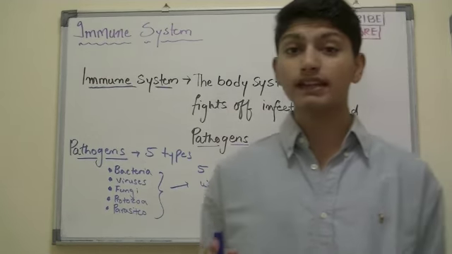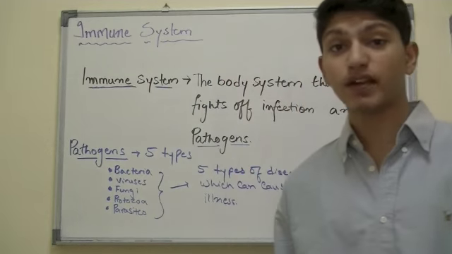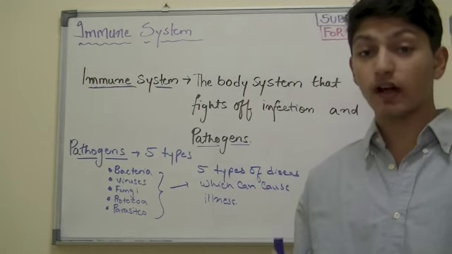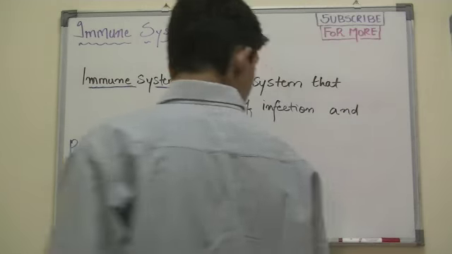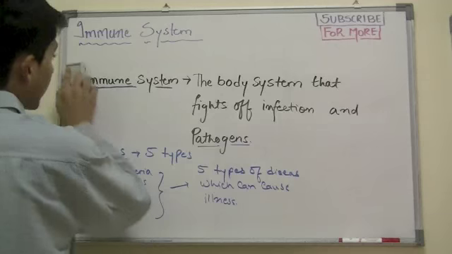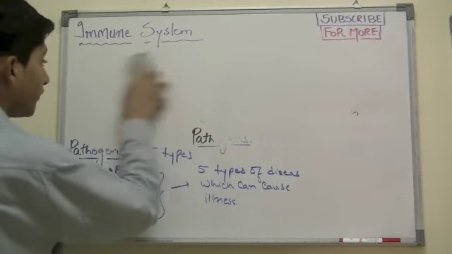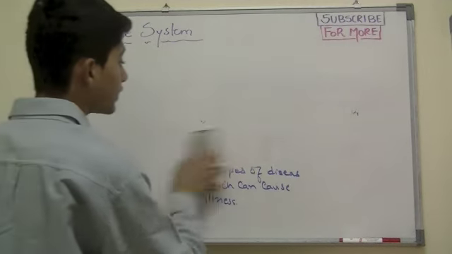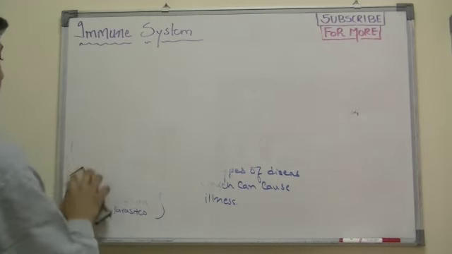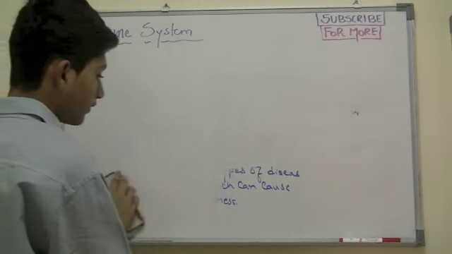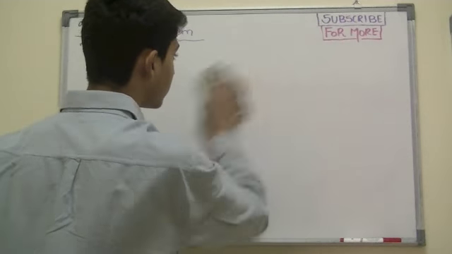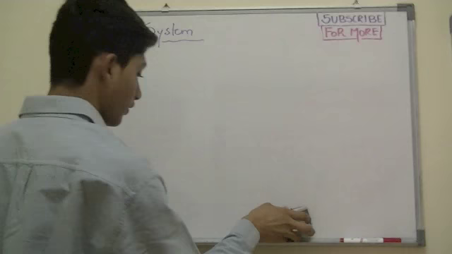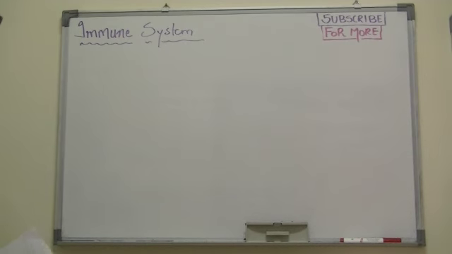And not just any type of cells, it's specialized cells that fight against infection. So here we'll be talking about the different types of cells, because not all cells can fight against the pathogens. It turns out that there are three types of cells.